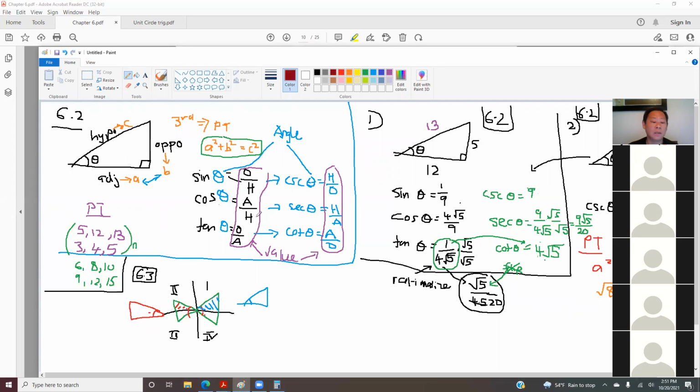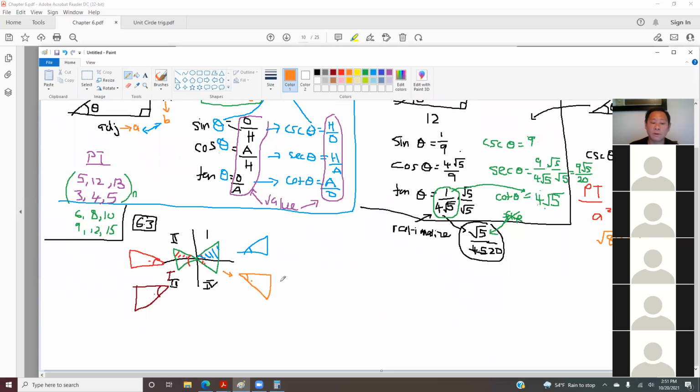Quadrant 3, you will get this one. It looks like that, and your angle is here. And quadrant 4 is this fellow. It will look something like this, and your angle is here. You guys all right with these 4 quadrants triangles?